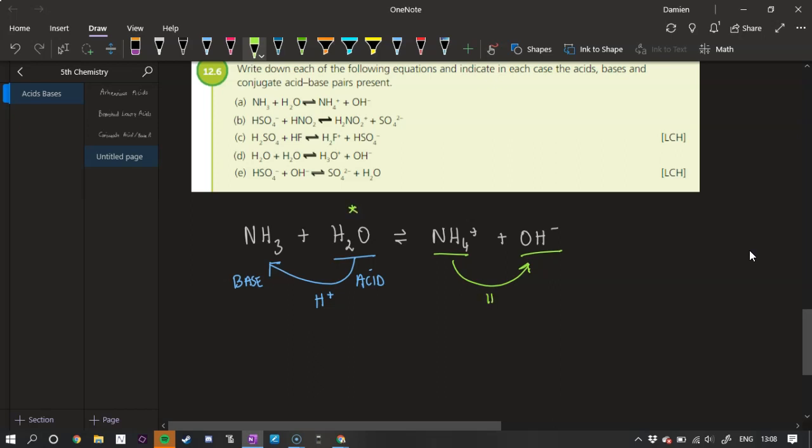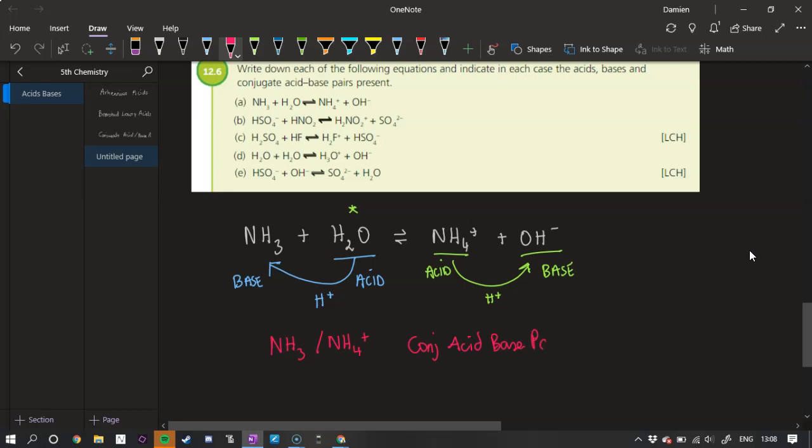So this is donating the H plus, so this would be the acid in this case. This would be the base. Once you have that down, you can put in your acid-base pair. So NH3 and NH4 positive is your conjugate acid-base pair.